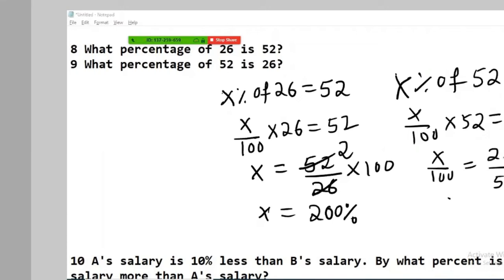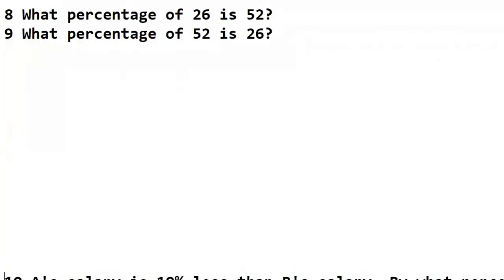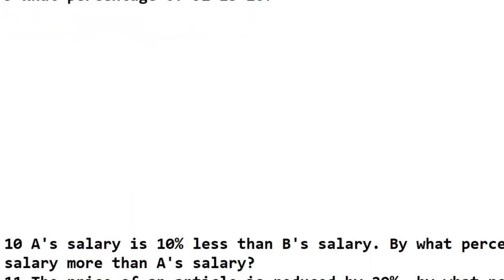So X equals 26 by 52 into 100. 52 ones are 52, twos are 26. Then X is 50%, half of that. 52 to 26 is 50%, and 26 to 52 is double of that, which is 200%. Let's go to the next question.